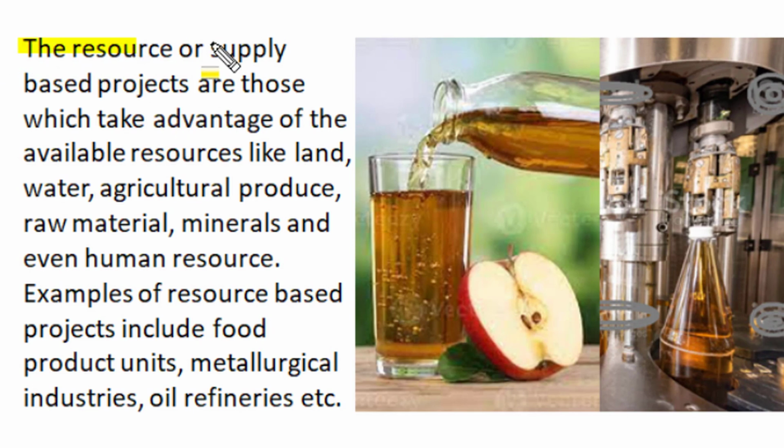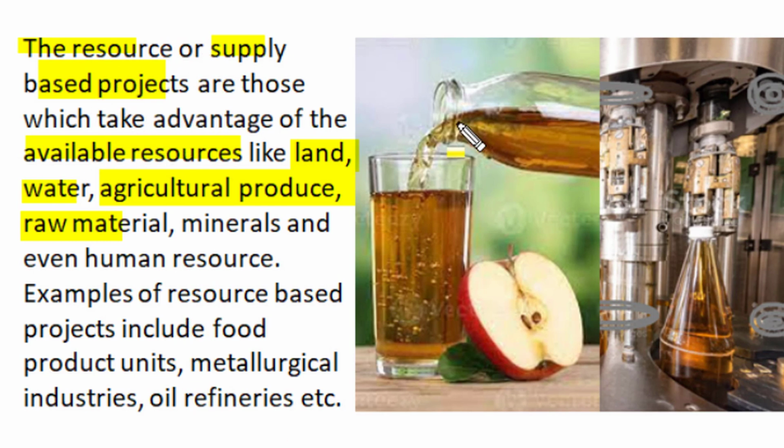The resource or supply based projects are those projects which take advantage of available resources in local vicinity like land profile, availability of water, agriculture, production of surroundings, other raw material available, mineral or even human resources can be used as resource for such supply based projects.